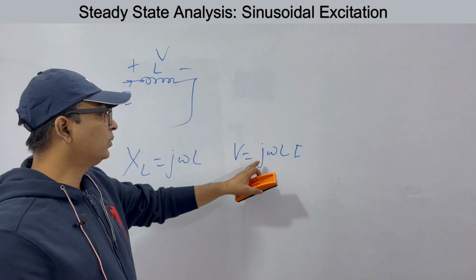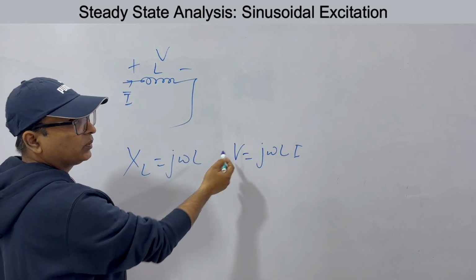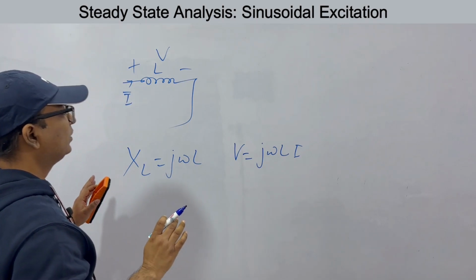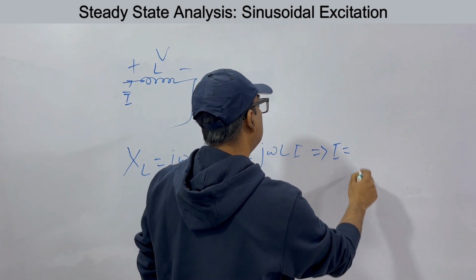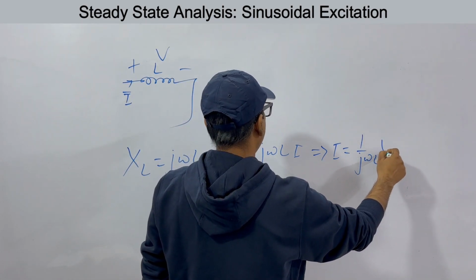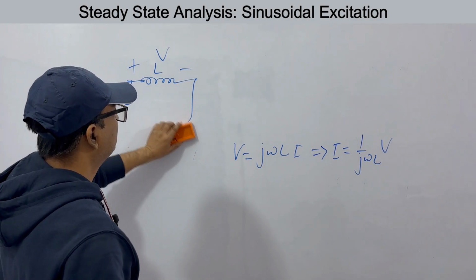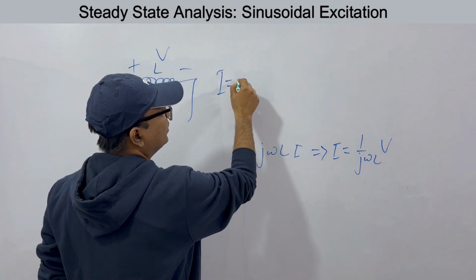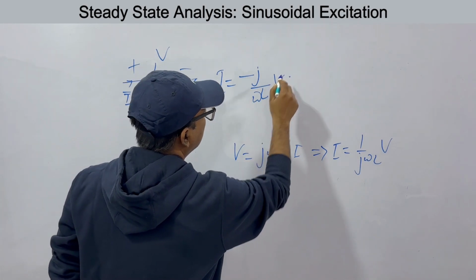This is V equal to j omega L into I, as if this was a resistor R, IR was the voltage. Clear? Then if you look at it closely, you'll see I is equal to 1 by j omega L into V, or from here we can write I is equal to minus j by omega L into V.